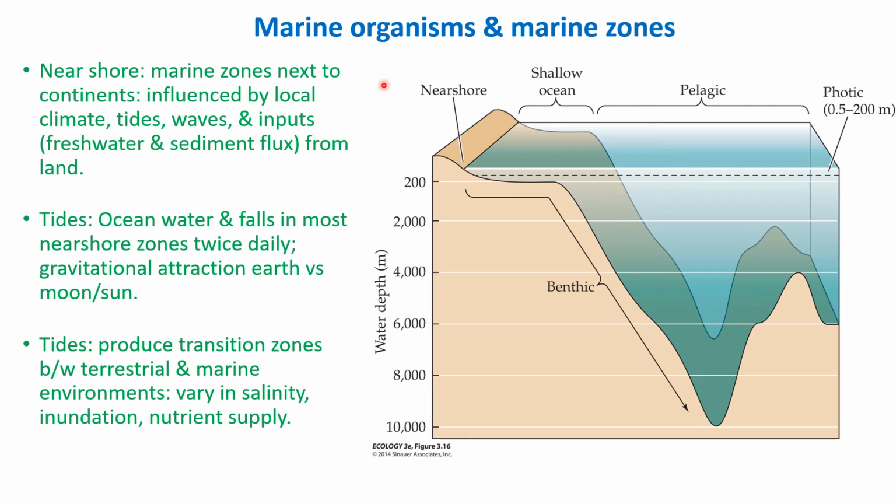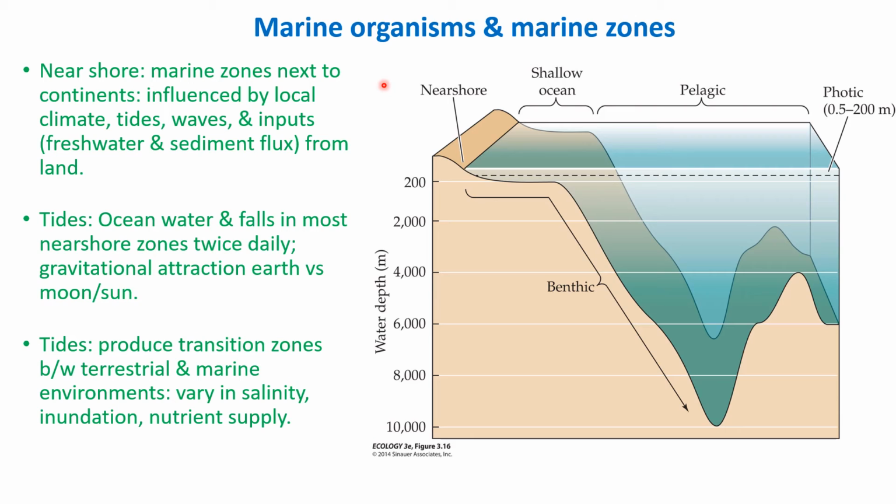Because of the tidal actions, with tide moving in and out of the coastal areas, it creates a transitional zone between the land, the terrestrial environment, and the deep marine environment.